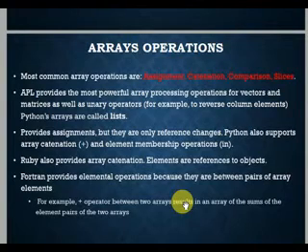Python arrays are called lists. They provide assignment, but it is only a reference change. Python also supports array catenation using the plus symbol. Catenation means just linking different elements together, and element membership operations, which is in.